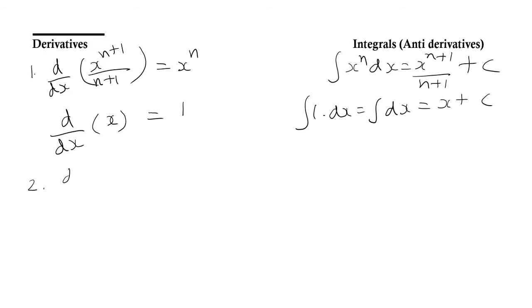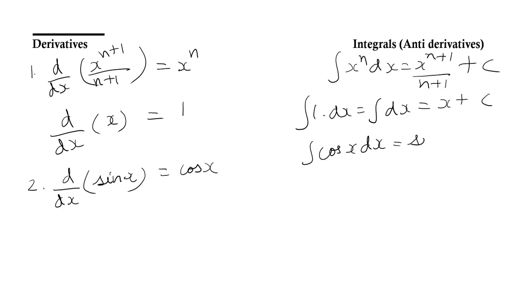Next we move on to various trigonometric functions. D by dx of sin x is cos x. So integral cos x dx is equal to sin x plus c. Next, d by dx of minus cos x is sin x.